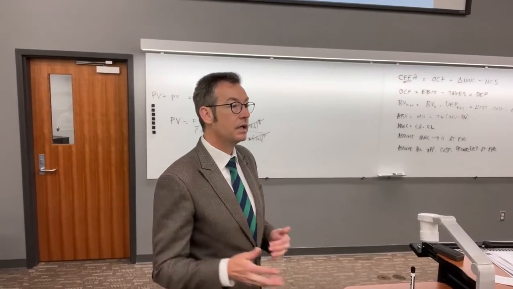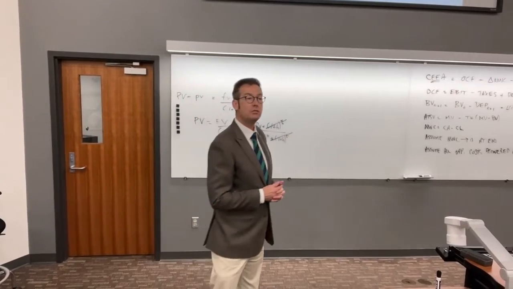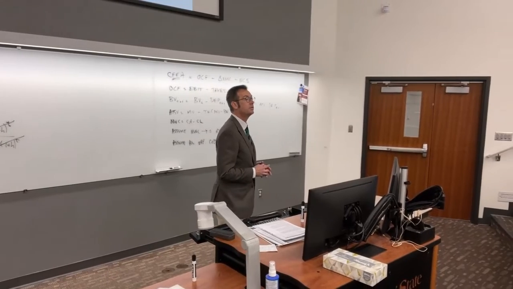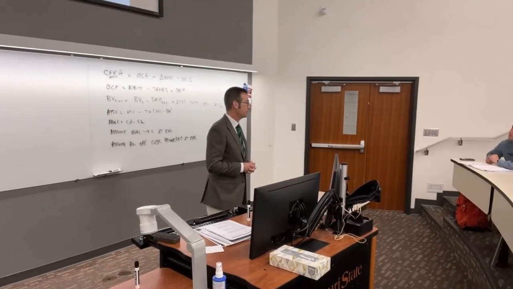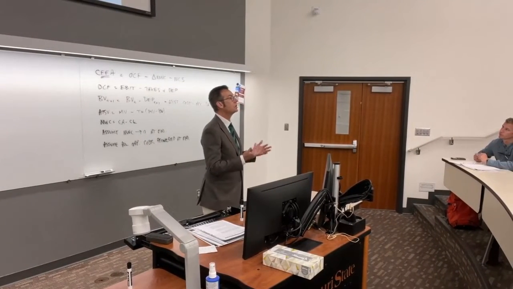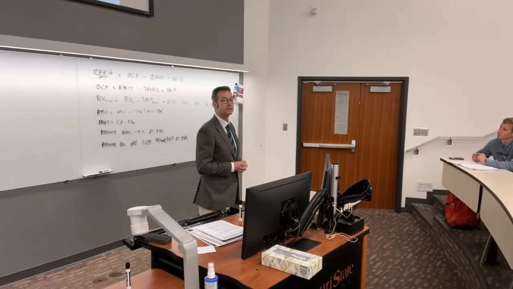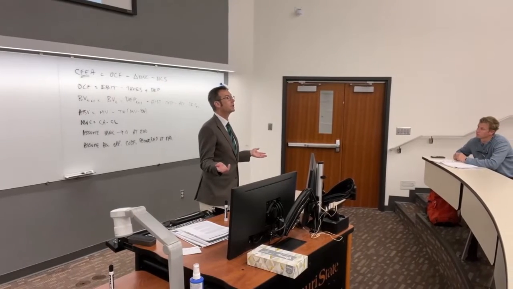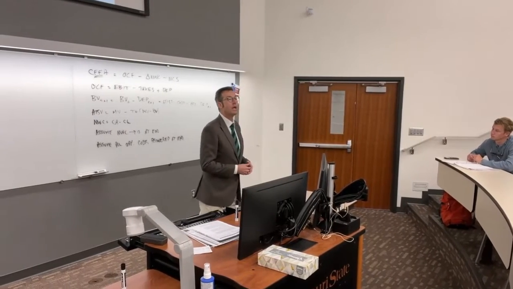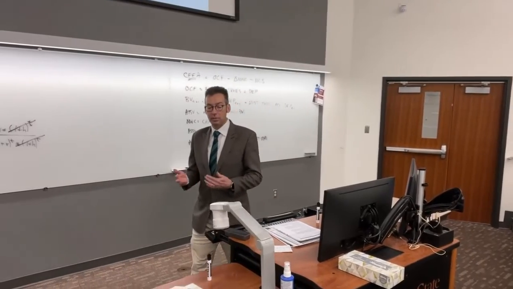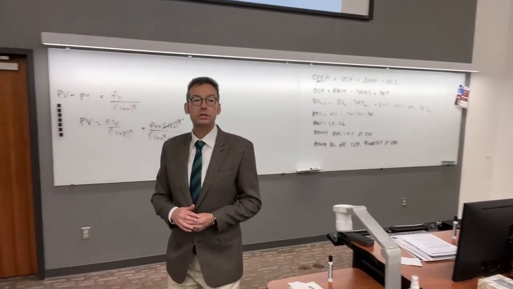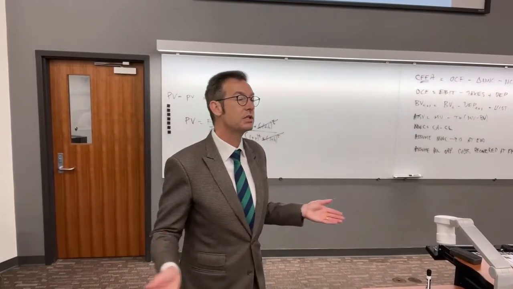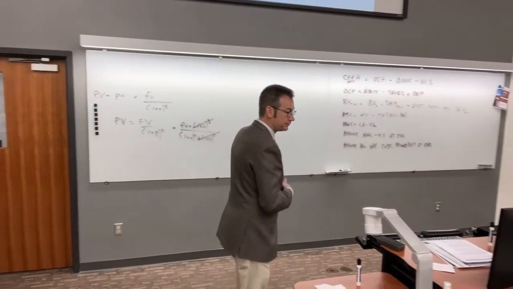And if they had lives of the same length, all we would have to do is calculate the net present value of all the expenses and select the one with the lower net present value of expenses. But most of the time, the machines will have different lives. And so now, not only are we dealing with a different pattern of cash flows, we're also dealing with a different number of cash flows. So one of these machines is going to last longer than the other one.